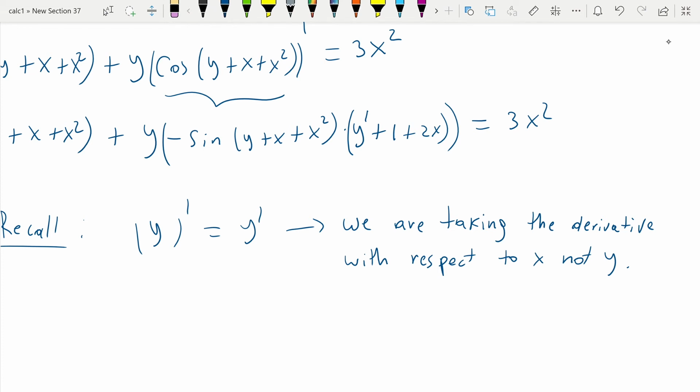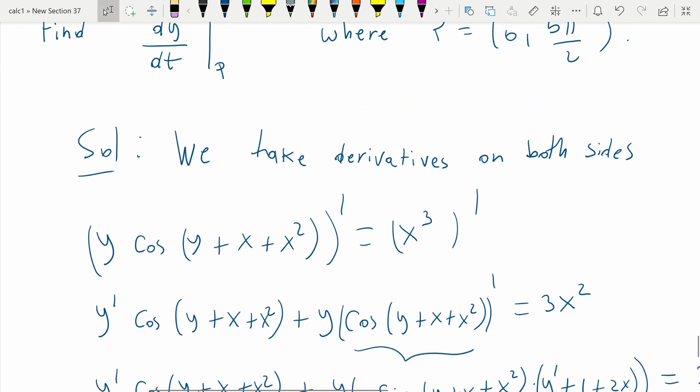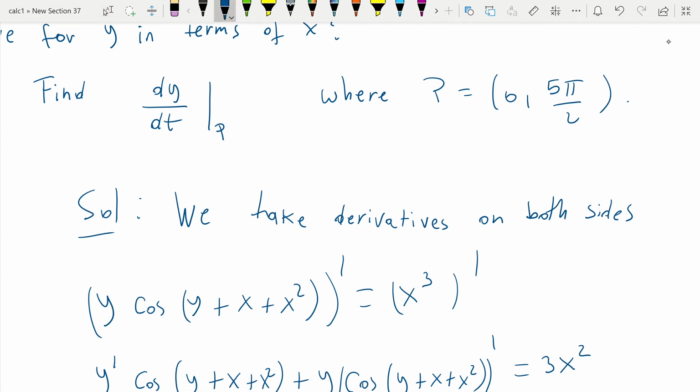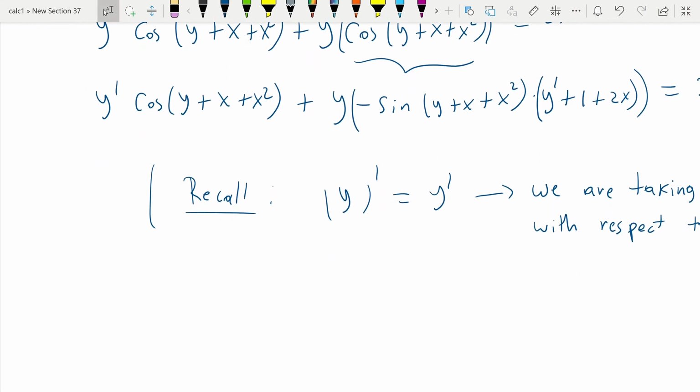And now that we've managed to find an expression for the derivative, we simply plug in the values. So we are asked to find the y prime at the point P, which is (0, 5 pi over 2). So that means x has to be set equal to 0, and y equals 5 pi over 2. So y prime times cosine of... y prime is not known yet. We just know y and x at the point. This is what we want to find out the value of.